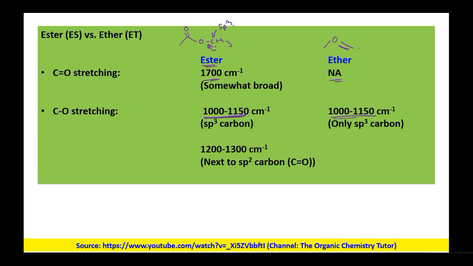Here also you will be getting the peak at 1000 to 1150. Whereas there will be another peak at 1200 to 1300, which is next to this C double bond O. So next to C double bond O, we are having another CO stretching, so we will be getting a peak at around 1200 to 1300. In this way, we can find out whether a given compound is an ester or an ether.